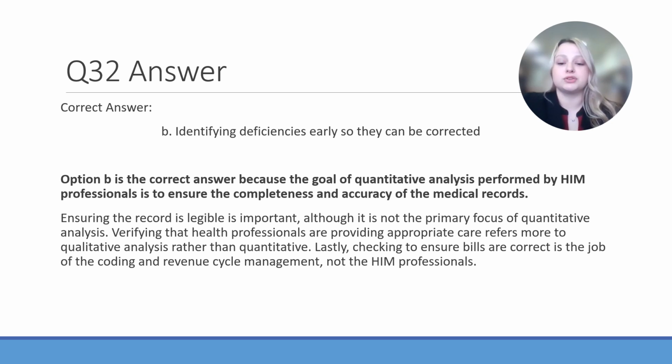Verifying that health professionals are providing appropriate care refers more to qualitative analysis rather than quantitative. Lastly, checking to ensure bills are correct is the job of the coding and revenue cycle management, not the HIM professionals. So the correct answer is B, identifying deficiencies early so they can be corrected.